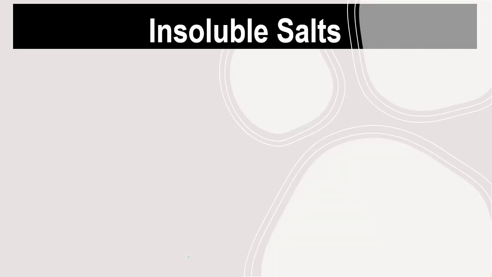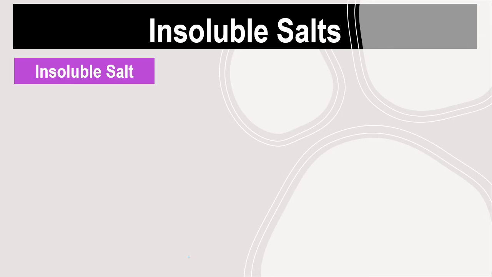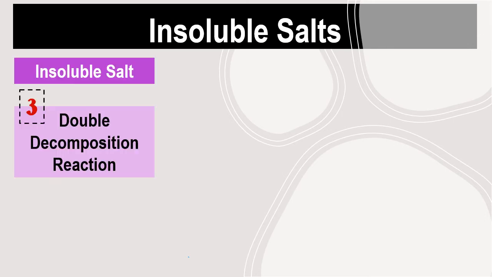For the insoluble salt, sebagaimana yang cikgu mention tadi, method to prepare-nya adalah is known as double decomposition reaction, or also known as precipitation reaction. So during this reaction, cikgu nak bagi satu contoh.